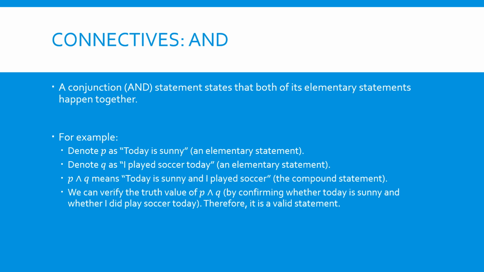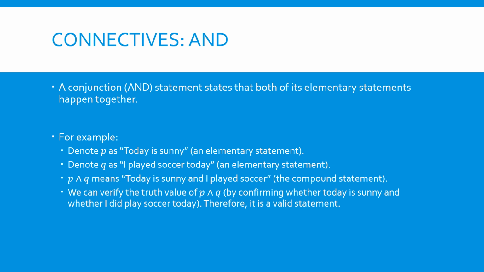By using a conjunction connective, we get P and Q, which means today is sunny and I played soccer. Here, the statement P, today is sunny, is an elementary statement, so is Q. The connected statement, today is sunny and I played soccer, is the compound statement.